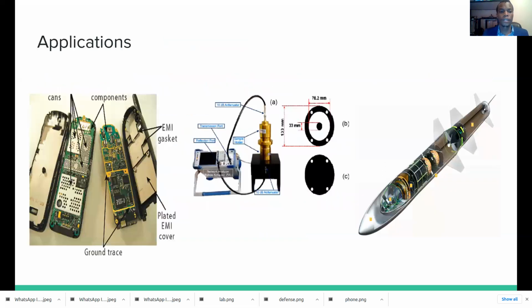As for applications, I have shown you that on cell phones, if you open them, you'll be able to see metallic parts made of different metals. They are used as shields. The components can be the GSM modem, the Bluetooth modem, GPS, or other signal processors, DSP, image signal processing, all those that make up the phone electronics.